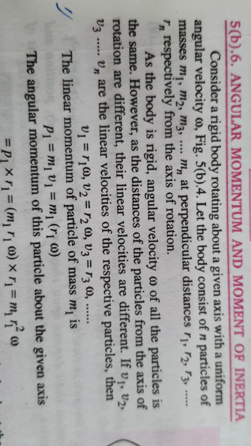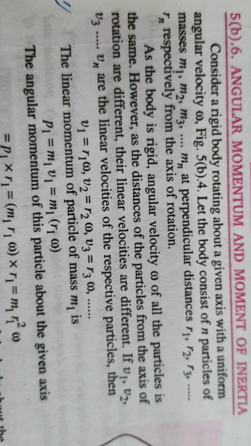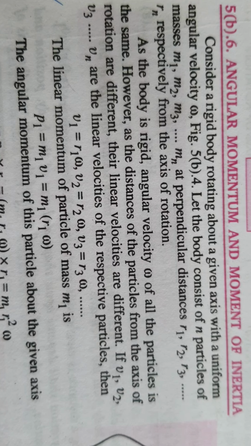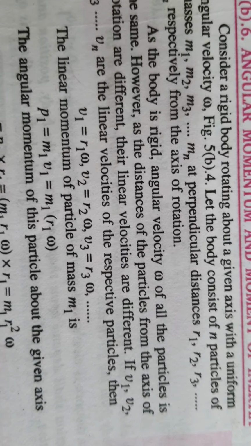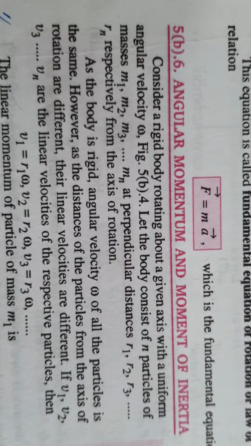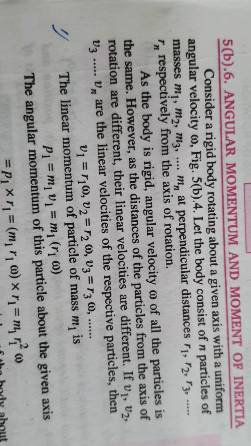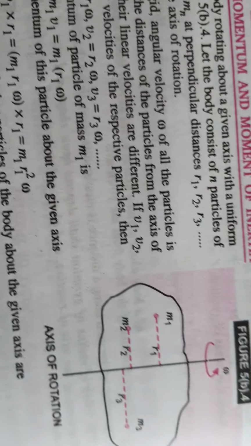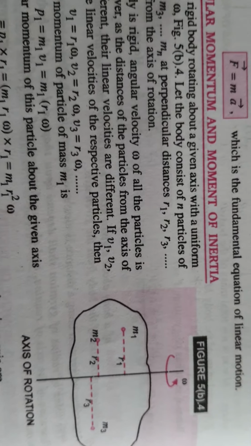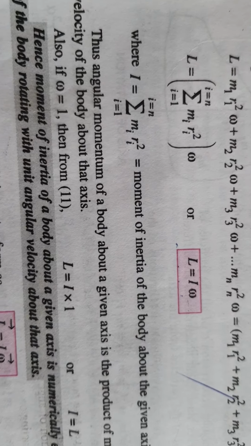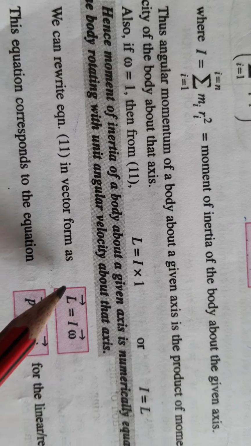Angular momentum and moment of inertia. See, we know what is linear momentum. Linear momentum P is equal to mv. Same way we have angular momentum L is equal to I omega.